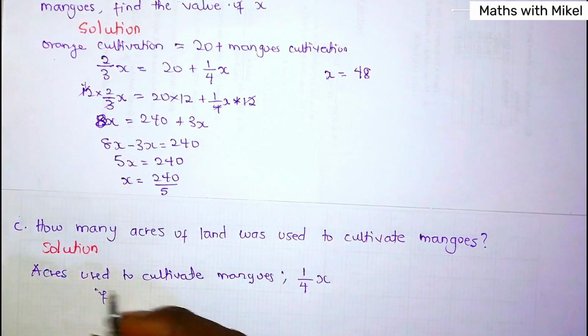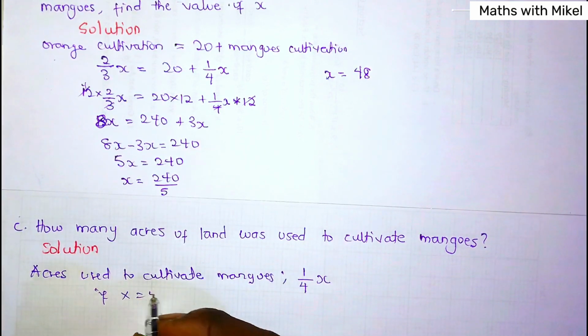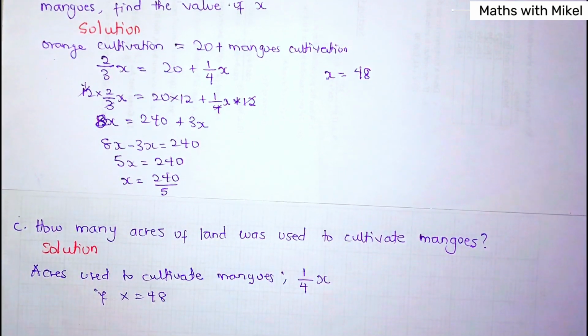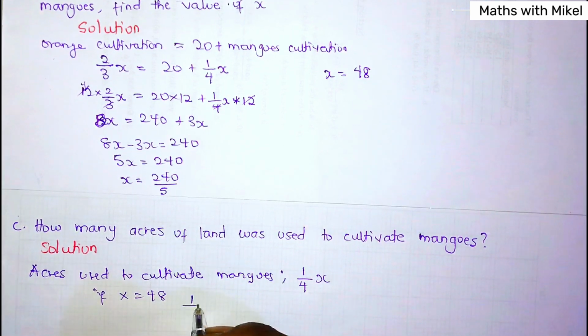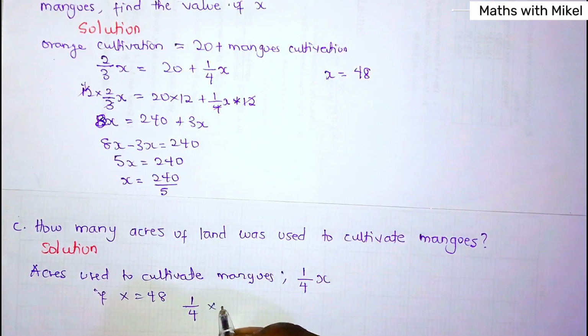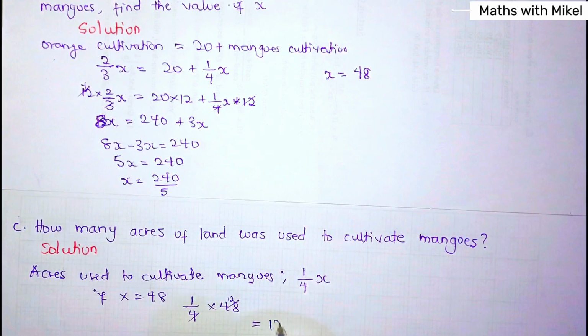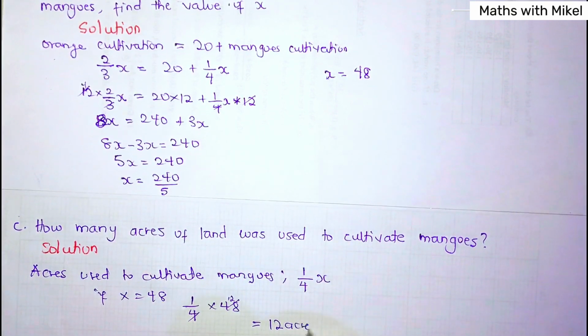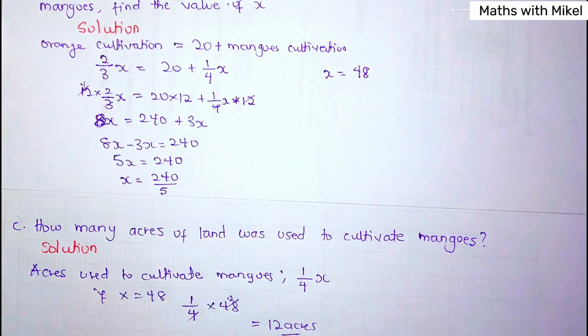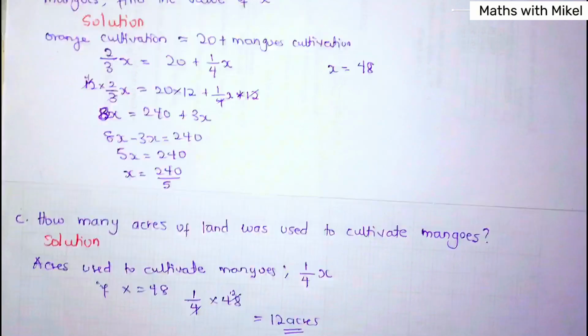So if x is equal to 48, this is going to give us 1 over 4 times 48. 4 into 48 here is 12. So this gives us 12 acres. So 12 acres of the land was used to cultivate mangoes.